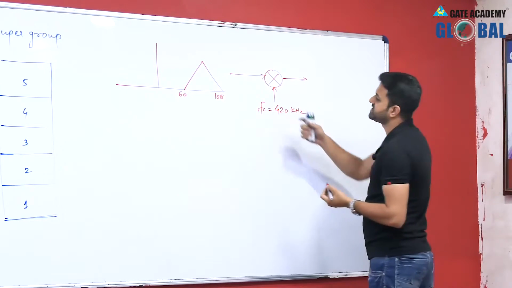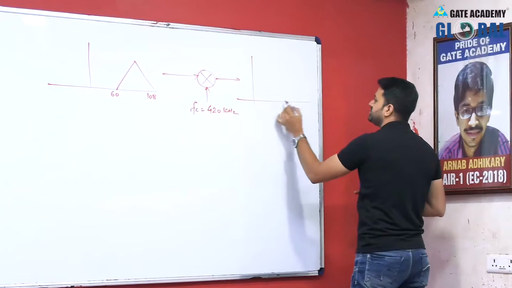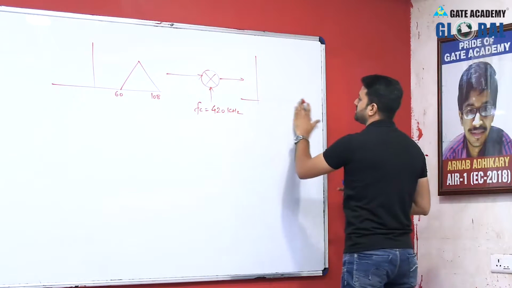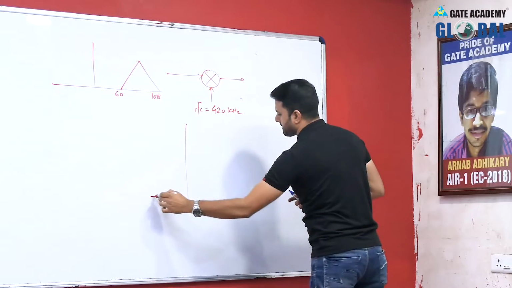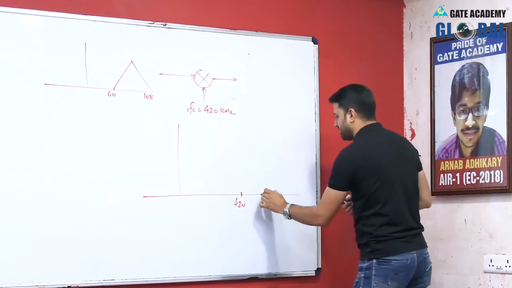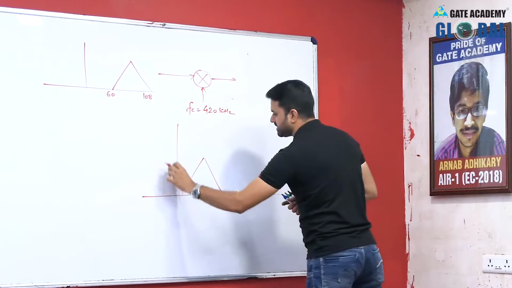Now what will be the range? So the range is, it will shift to 420: 0 will be shifted to 420, and this will be the upper sideband and this will be the lower sideband.